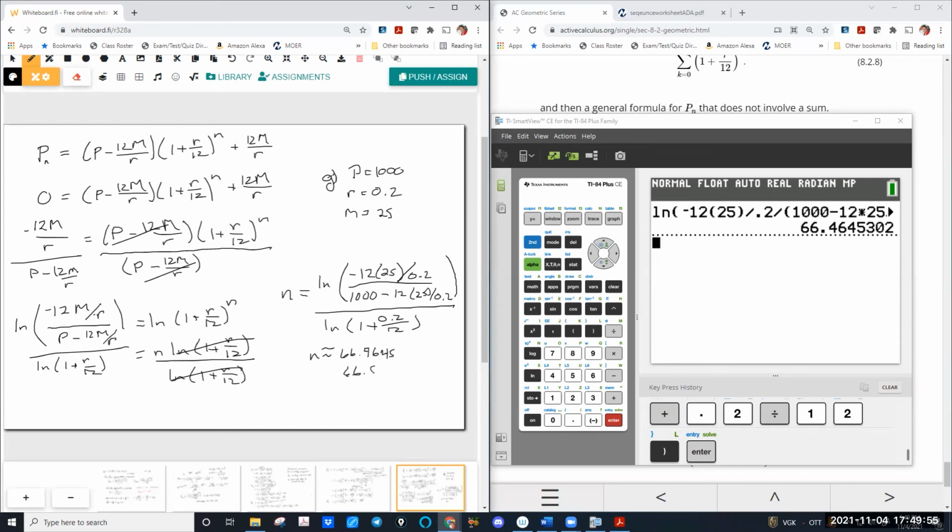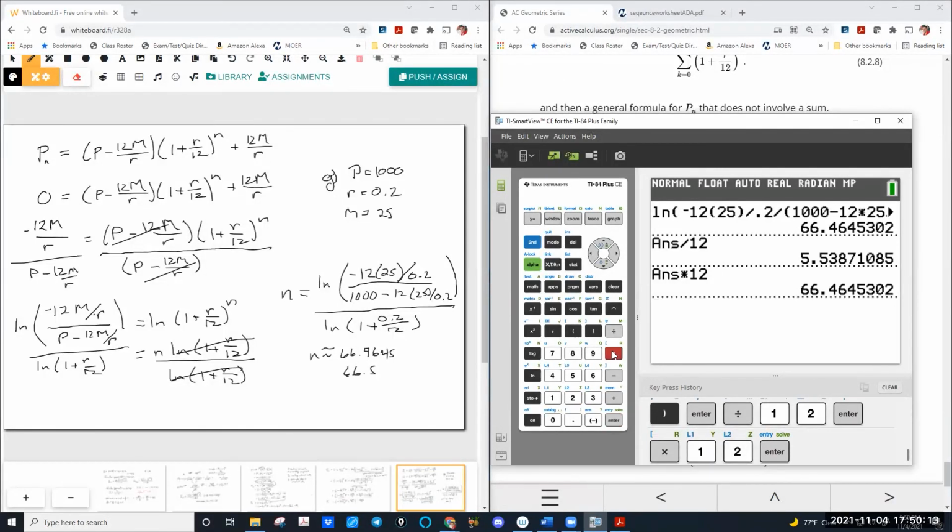You can convert that into years by dividing by 12. So if you want to know how many years that's going to take, it's about 5.5 years. But if we do this for $25 a month for 66.5 months, so let's go back to where we were. Here's how much we'll pay total.